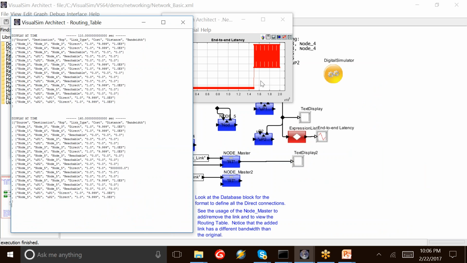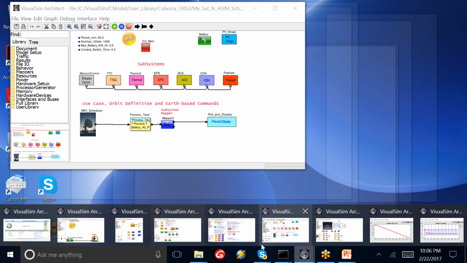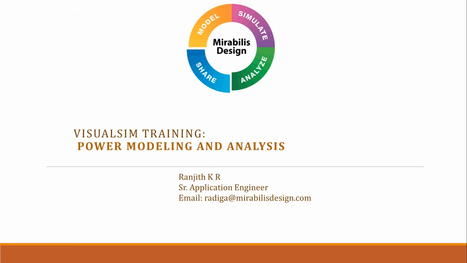So with that, I've looked at the entire end-to-end system: the generation, the storage, the consumption, and the management. We looked at a few examples of how it's used.